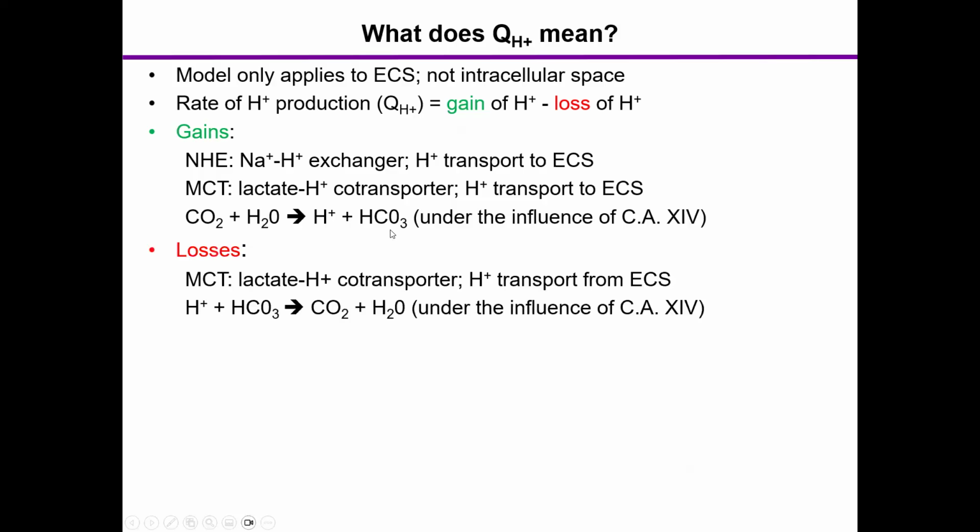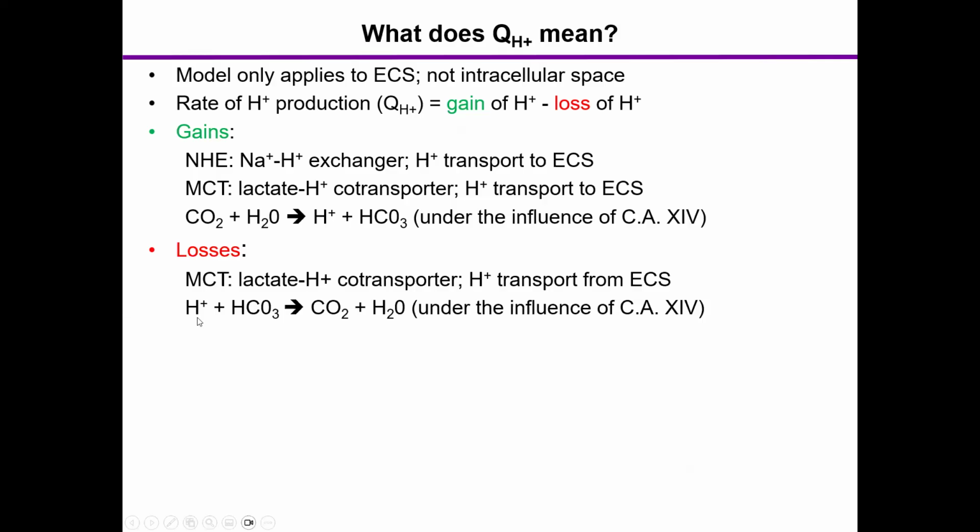The possible losses of hydrogen ion would be uptake of hydrogen ion with lactate on the MCTs into other places, for instance, into the distal end feet of the Mueller cells. And that would reduce the hydrogen ion concentration.